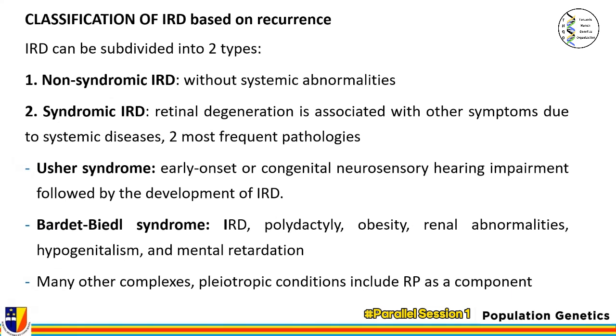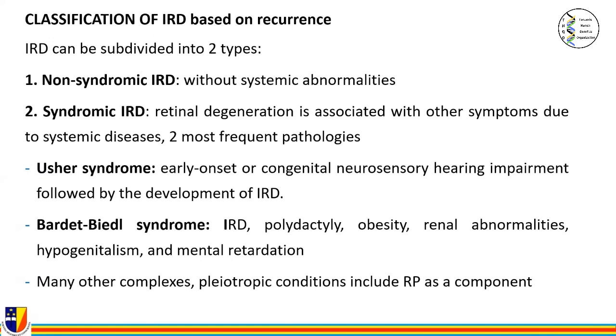The two most frequent pathologies are Usher syndrome, characterized by early onset of congenital neurosensory hearing impairment followed by the development of RAD, and Bardet-Biedl syndrome, characterized by RAD, polydactyly, obesity, renal abnormalities, hypogenitalism, and mental retardation. Many other complex and pleiotropic conditions include RAD as a component.